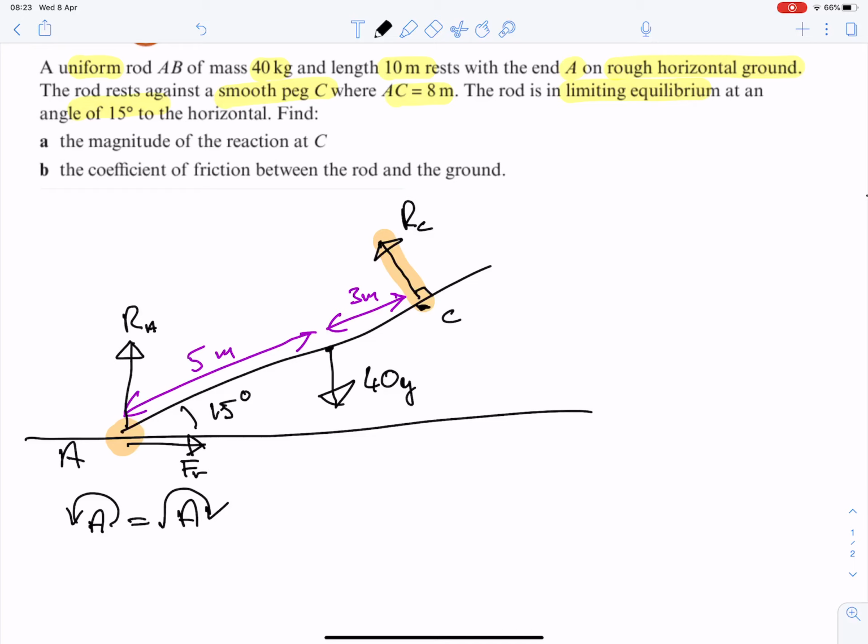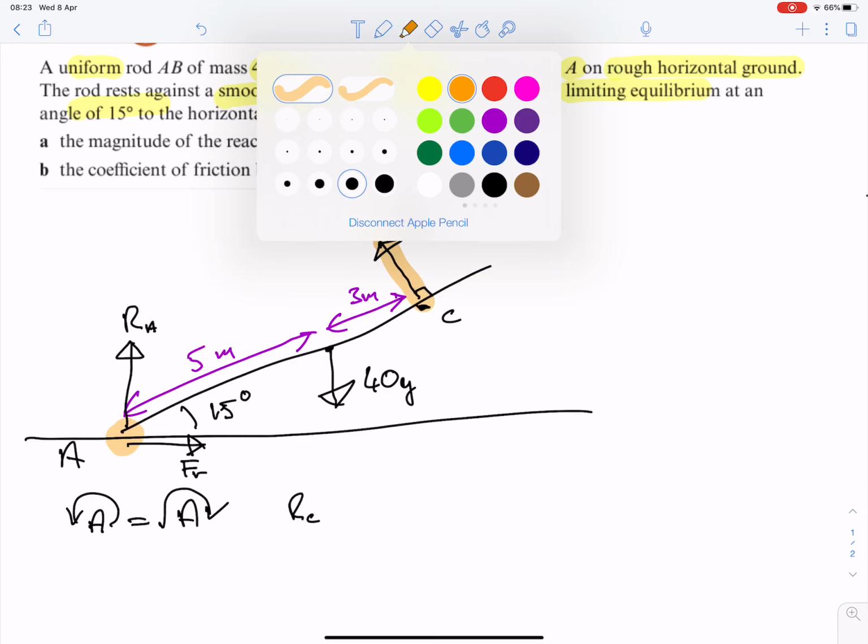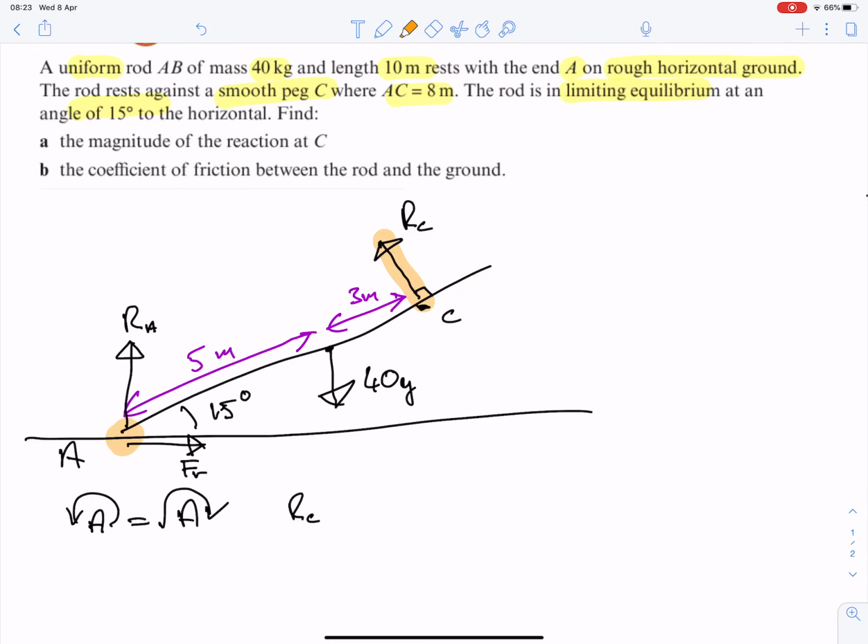And then for the anti-clockwise moment, we've got RC, and the perpendicular distance to its line of action is that 8 metres, because we've said RC is at a right angle.